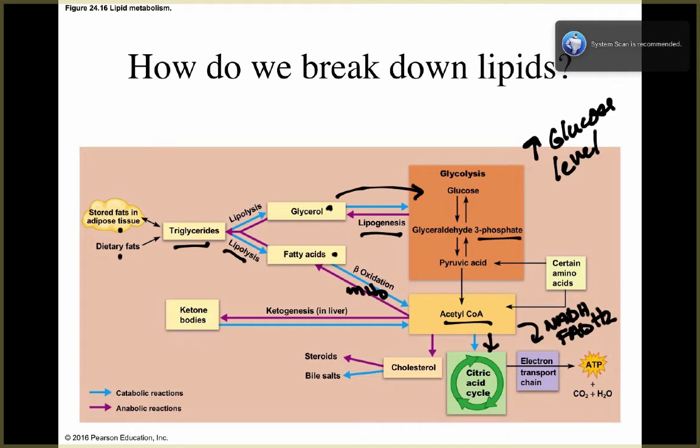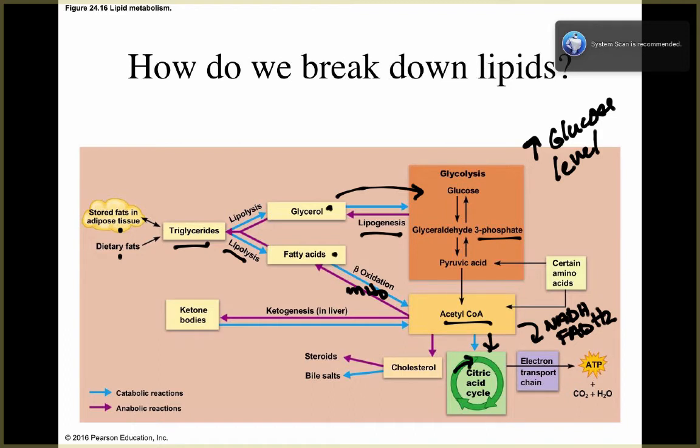Now the problem with this is, in order for the citric acid cycle, if you remember, it feeds into there and it needs an intermediate to basically combine with, right? Over here, called oxaloacetate.